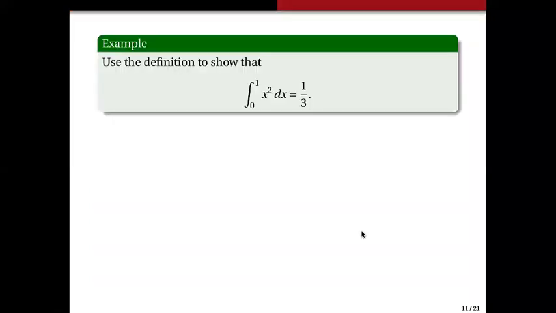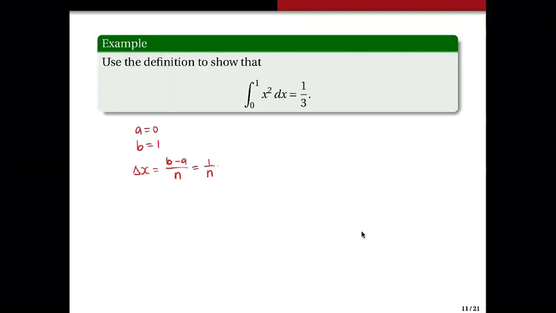So let's do that. Here you have a equals 0 and b equals 1. We can have delta x equals b minus a over n, and this is just 1 over n.